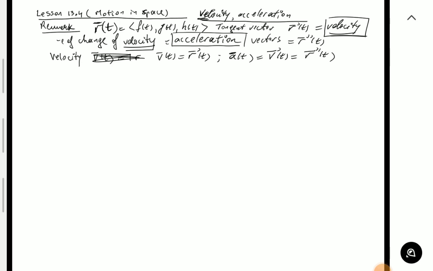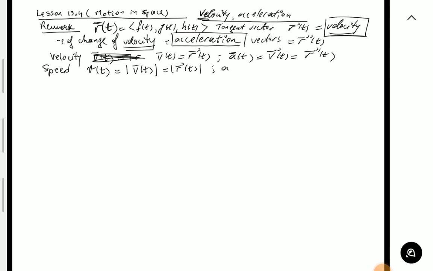Speed and magnitude of the acceleration are scalars related to these vectors. Speed at time t, we typically denote it by script v of t, which is the magnitude of the velocity, of course the same as the magnitude of the tangent vector.